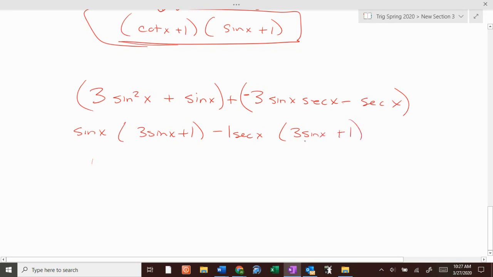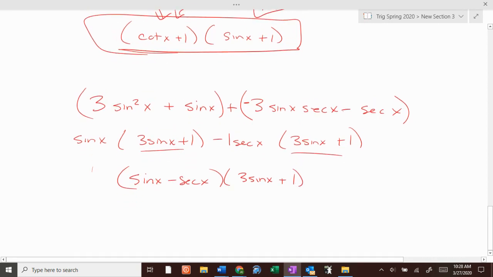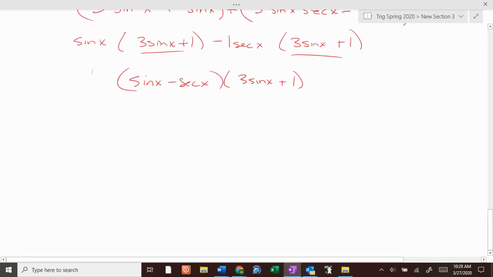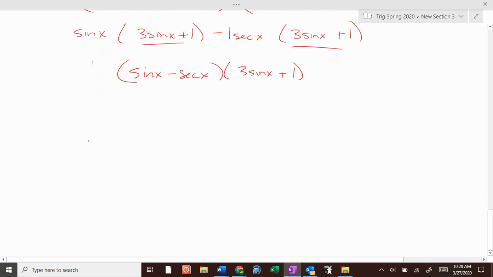Because if you factor out a negative secant, then you get a positive 1. These match now, so you're good. So it's sine of x minus secant of x times 3 sine of x plus 1. Okay? Factoring by grouping. So hopefully that gives you enough information to do problems 23 through 36, all of them.